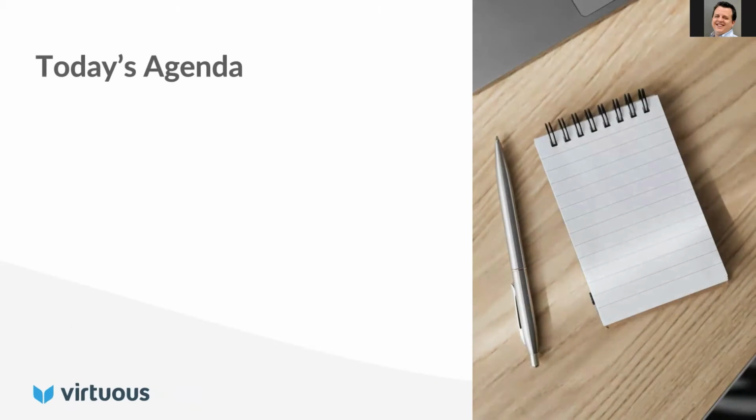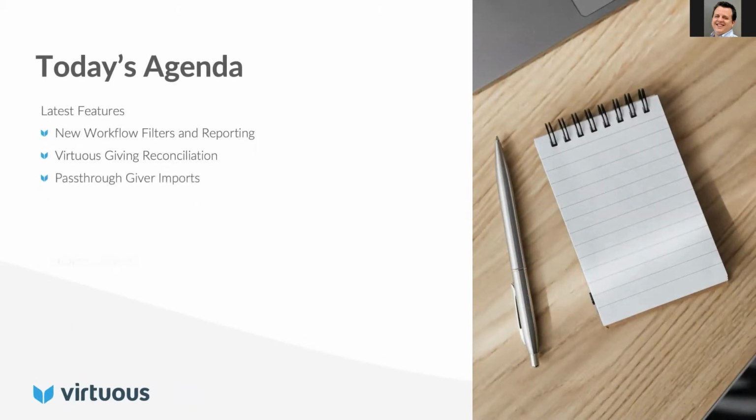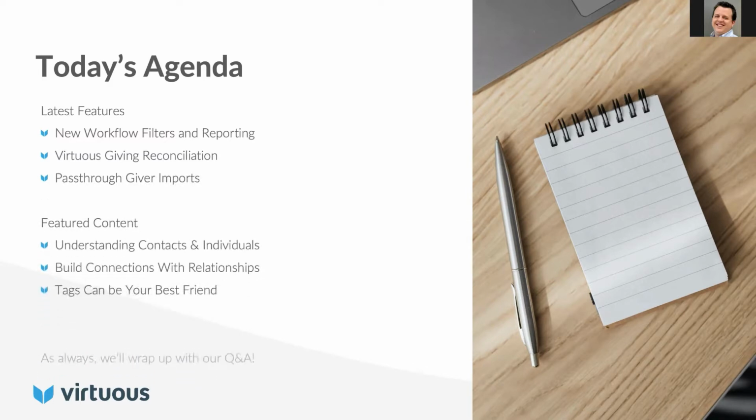In terms of what we want to cover today, as always, we do like to start by taking just a quick look at some of the newest features in Virtuous. We had a release not that long ago with some cool new stuff for workflows in terms of adding filters and reporting on your workflow activity.